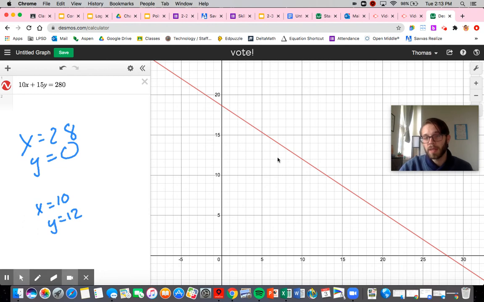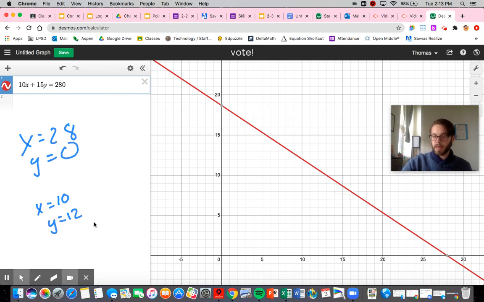Again, you're trying to find ones that are directly on things. So like right here, that looks like it's going to be one. 16, 8.